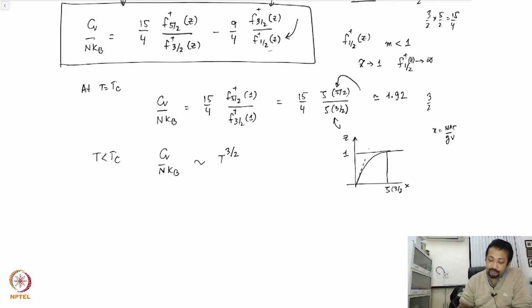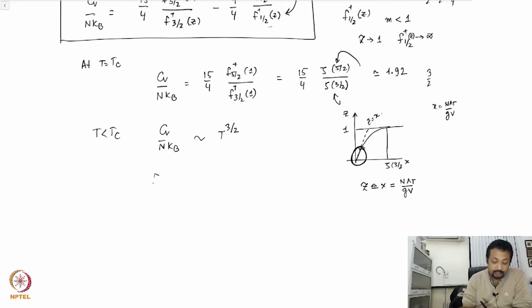For small enough values, z is equal to x, approximately n lambda T over gv. If that is the case, then f_{5/2} is approximately equal to z, f_{3/2} is approximately equal to z, and f_{1/2} is also approximately equal to z. That's the leading order term.